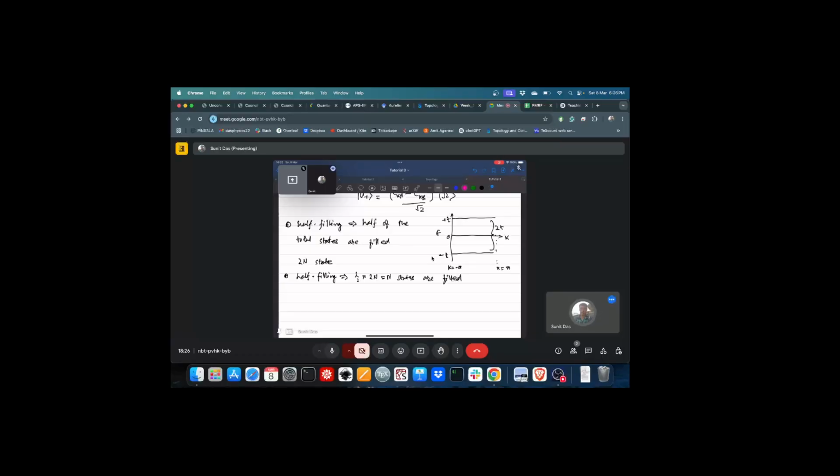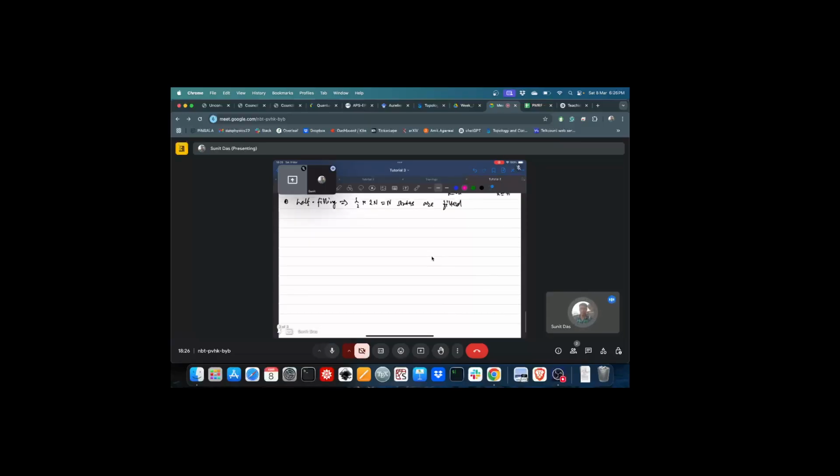Obviously the states will be filled from the lowest energy, right? The ground state will be filled first, so these are filled states. Remember that these consist of n states and another n states are at the higher energy. So the ground state is fully filled. In real space you can view this half filling case as B, A, B and so on.